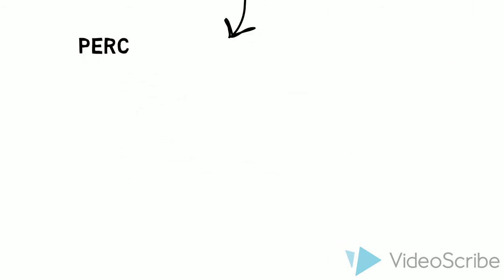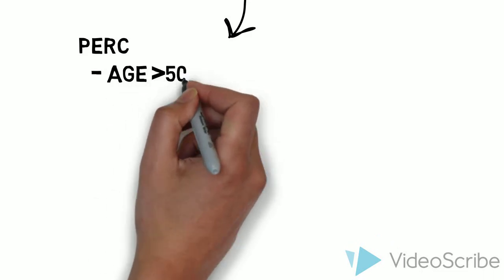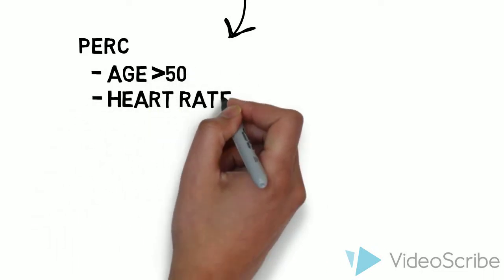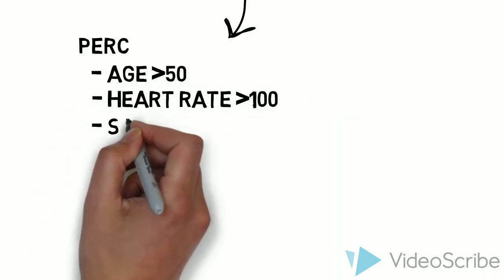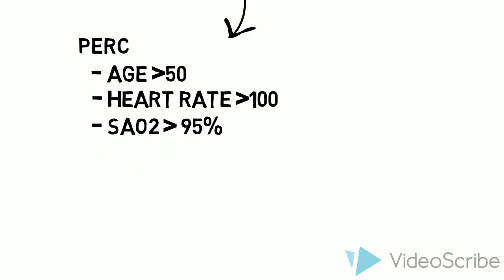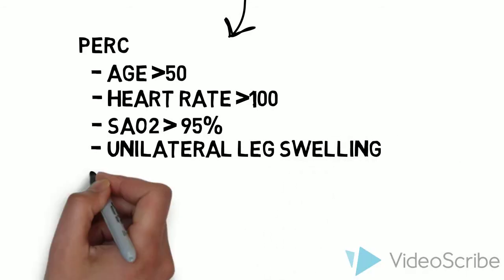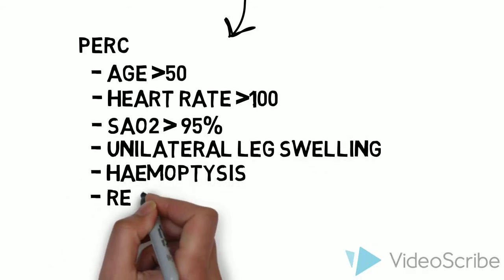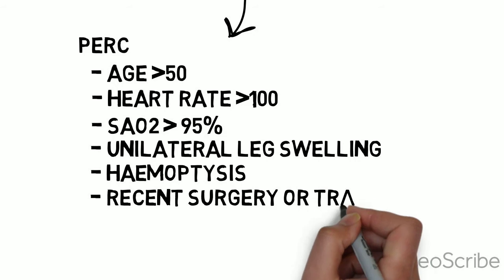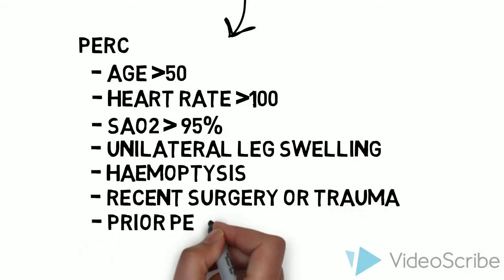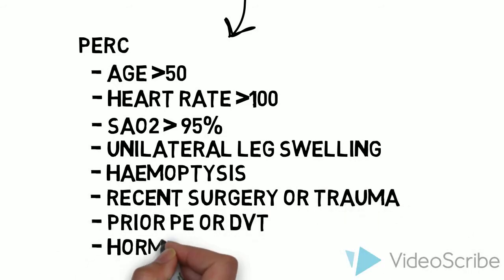PERC is a decision rule made by Kline for diagnostic workup of pulmonary embolism. It consists of the following 8 criteria. An age over 50 years, a heart rate over 100 beats per minute, an oxygen saturation on room air over 95%, unilateral leg swelling, hemoptysis, recent surgery or trauma within 4 weeks, prior PE or deep venous thrombosis, and the use of hormones.